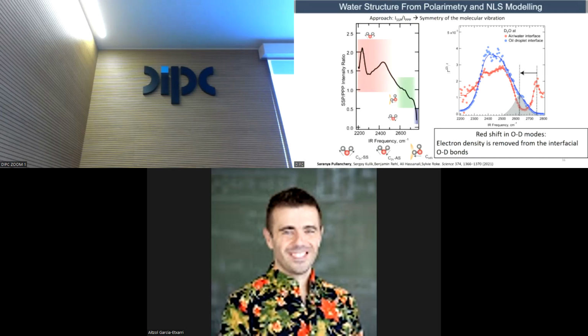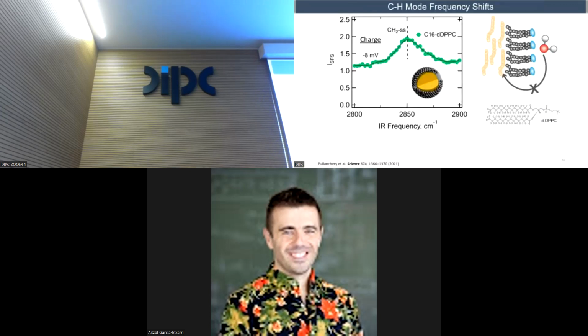And in this system, the only possible acceptor is the oil, because we have only oil and water. So we then had to look at the interfacial oil to see if some of that electron density is going into the interfacial oil bonds. So you can look at the CH stretch vibrations. And here we need a reference, right? And the reference is the oil droplet that's covered with a monolayer of lipids.